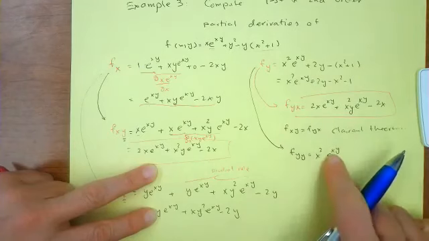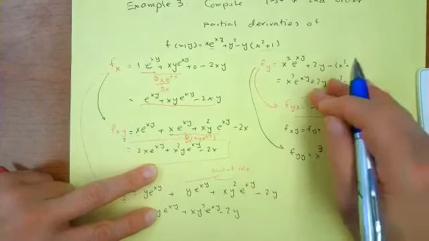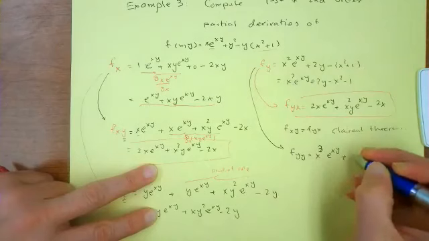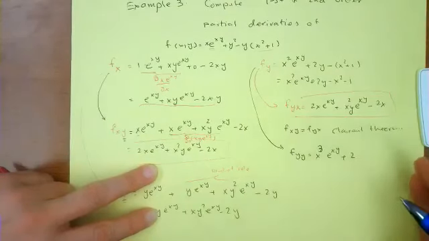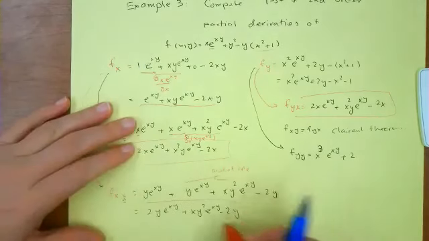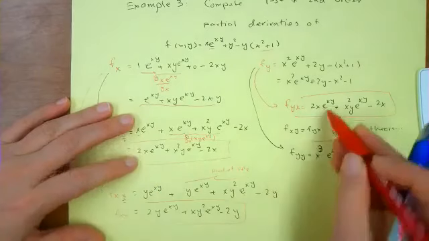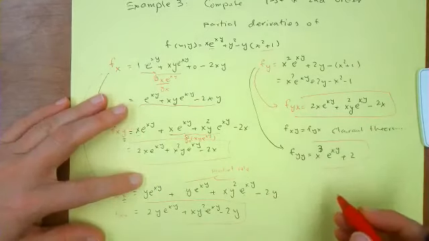And then derivative of exponent with respect to y is going to be x, so x to the power 3. Then derivative of 2y is just 2, and the rest of them are going to be 0. So this is f sub xx, this is f sub yy, and these two are the mixed partials.